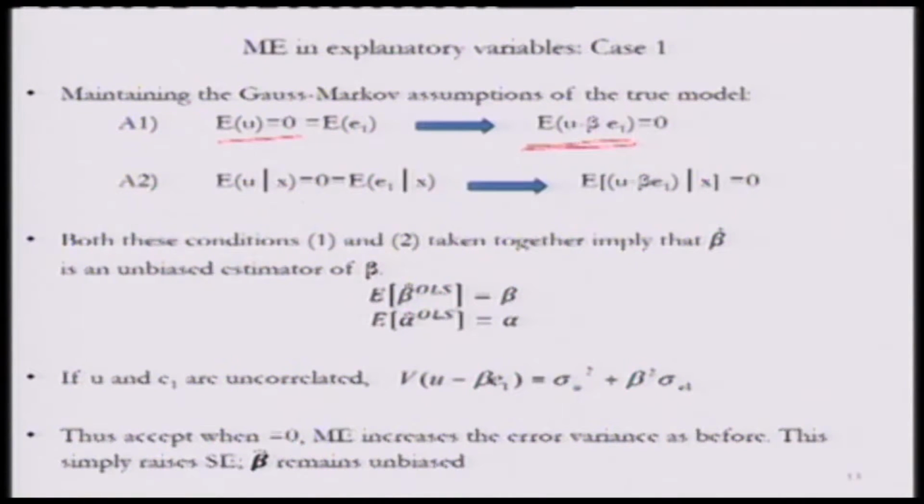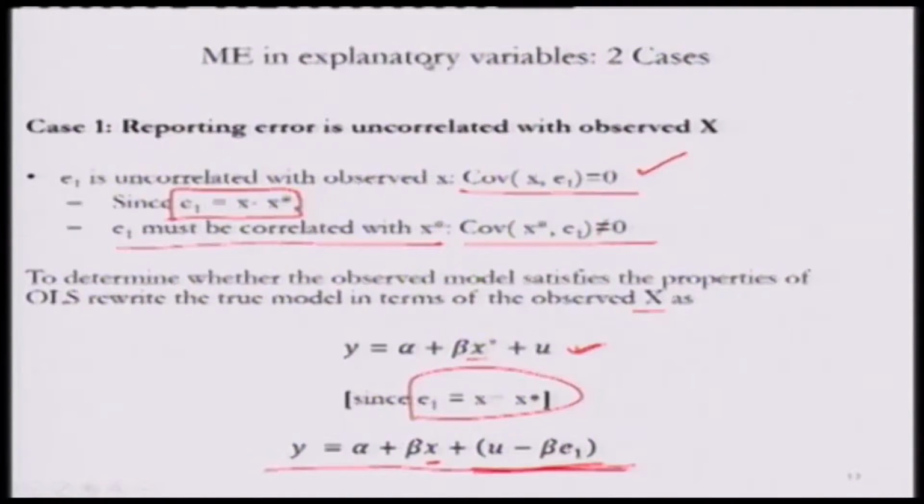The second assumption is that of conditional independence, and once again we assume that the expectation of u given x is equal to 0; we maintain that assumption from the true model. And we just saw on the previous slide that case 1 is about the assumption of independence of x and E1.